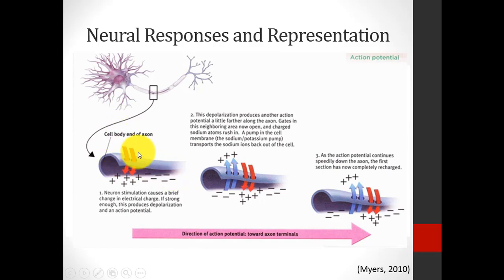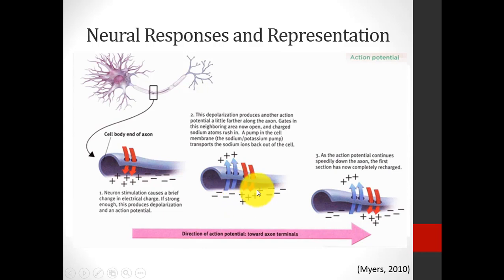And as those ion channels open and sodium starts to rush in, it's kind of like a chain reaction all the way down, almost like a zipper, if you want to think of it that way. The ion channels open as you move down, and sodium continues to rush in all the way down till you get to the end of the axon.